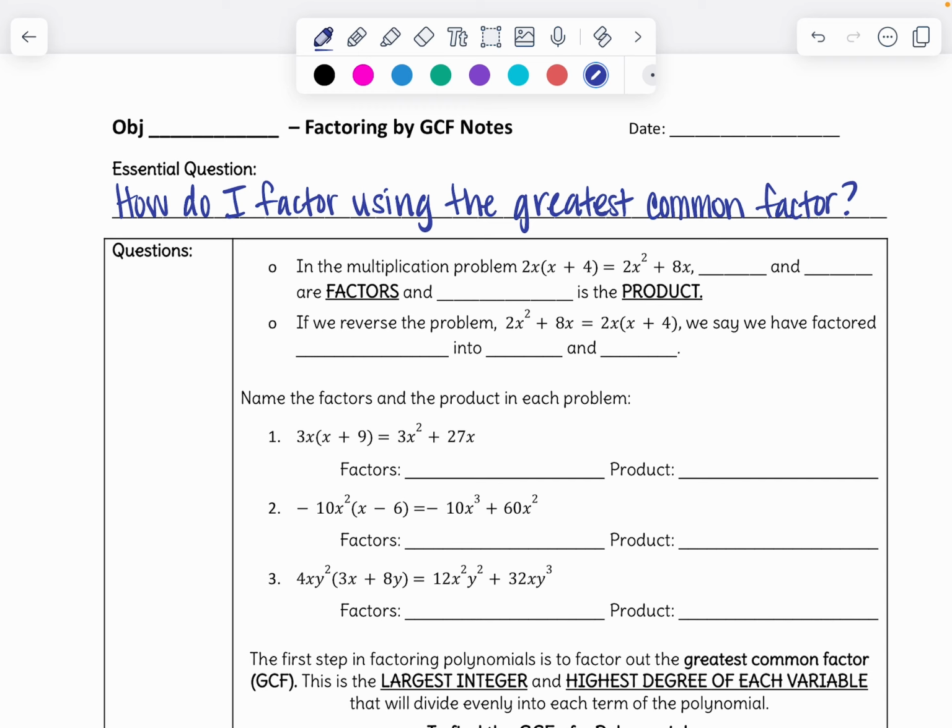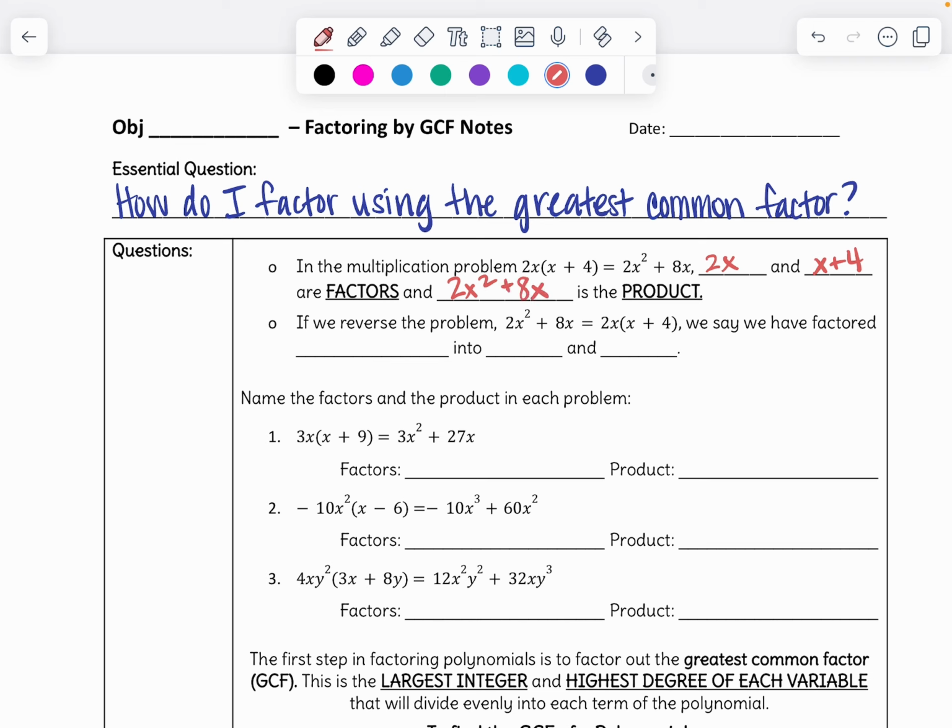So in the multiplication problem 2x times x plus 4, we end up with 2x squared plus 8x. So we would say that 2x and x plus 4 are factors, and 2x squared plus 8x is the product.